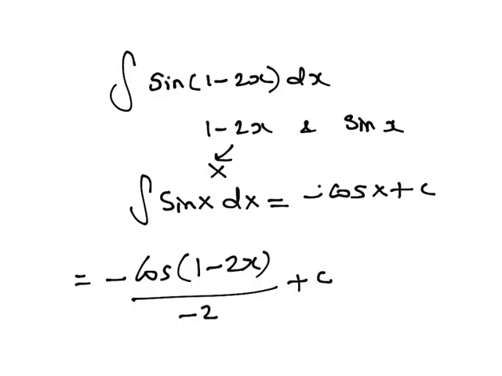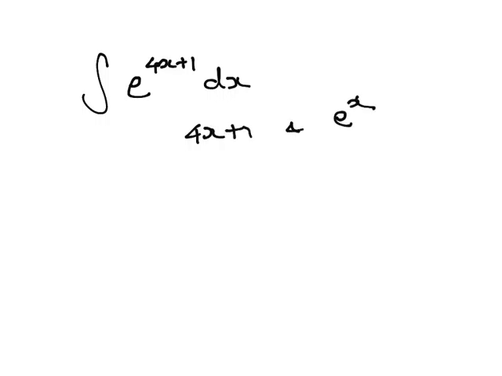Okay, so finally let us see a combination of an exponential function and a linear function. So let us say integral of e power 4x plus 1 dx. Now this is the combination of 4x plus 1 and e power x.